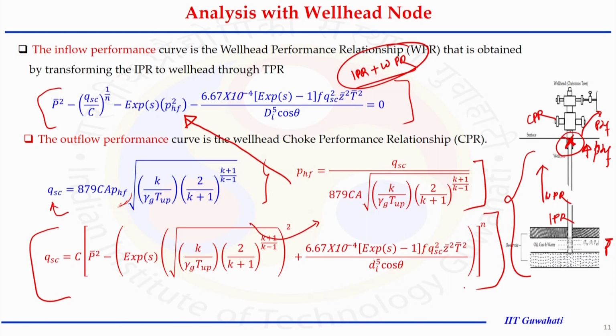You just have to do the iteration, which can be done with the Newton-Raphson method or some other way, to get the QSC value. You see here the QSC depends on several parameters: C, n, those are the IPR parameters, reservoir pressure, average temperature, average compressibility, whatever parameters characterize flow through the reservoir to the wellhead are included in these equations.